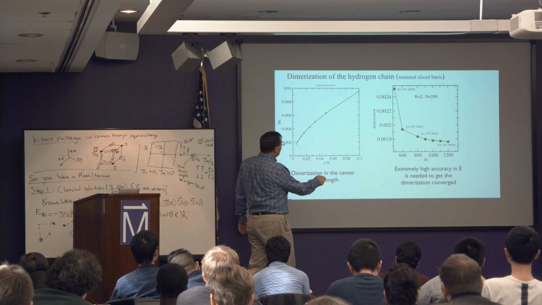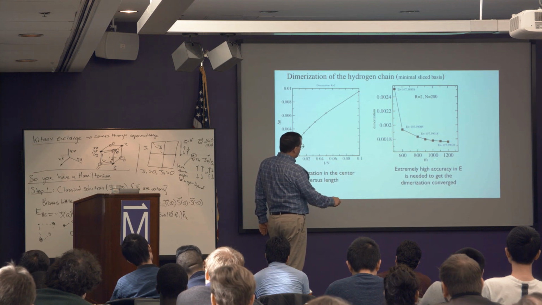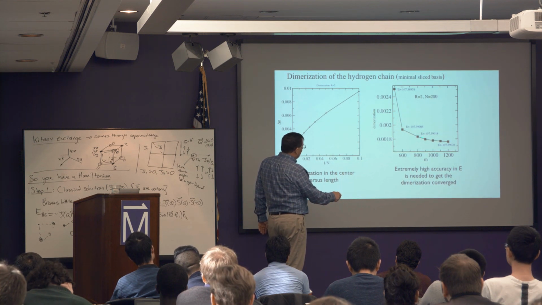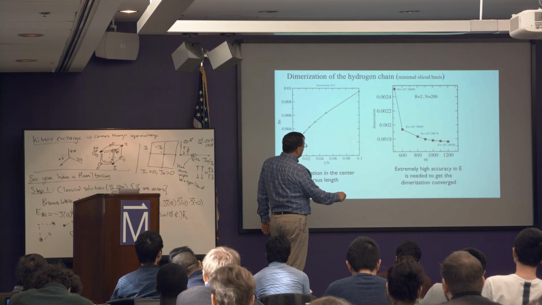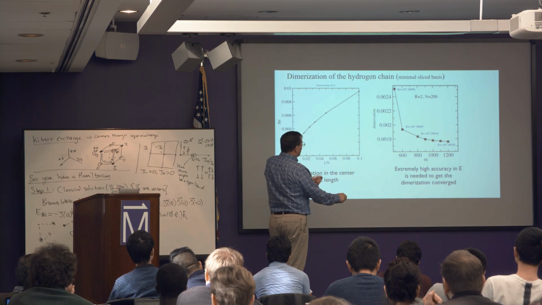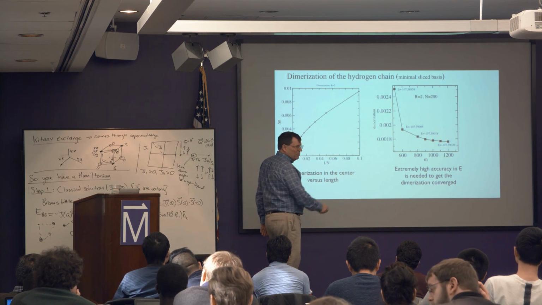And so here are the energies. We kept more and more states, and the energy became extremely accurate. This is varying in the 4th digit past the decimal of the total energy between these couple of points.